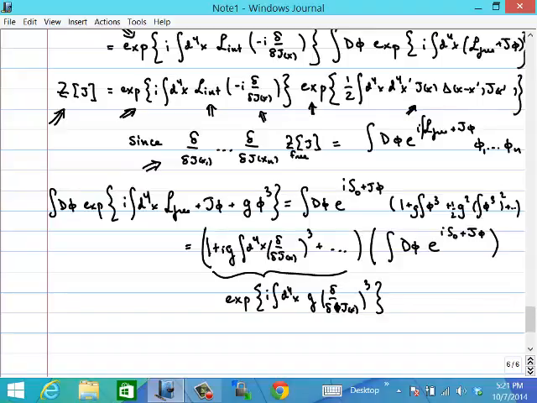So I'm just going to start out by expanding out those exponentials. So let's first expand out this exponential. I'll write it as the sum as v goes from 0 to infinity, 1 over v factorial. So let's do the explicit case where I have a cubic interaction.